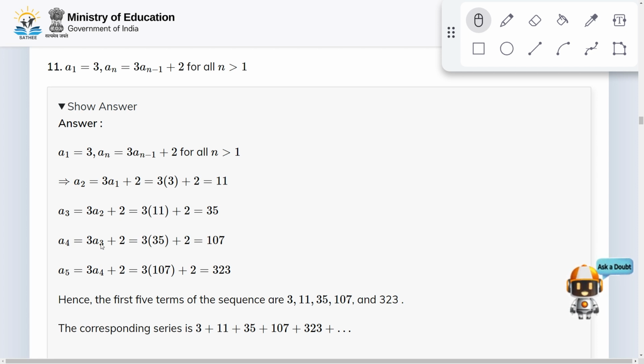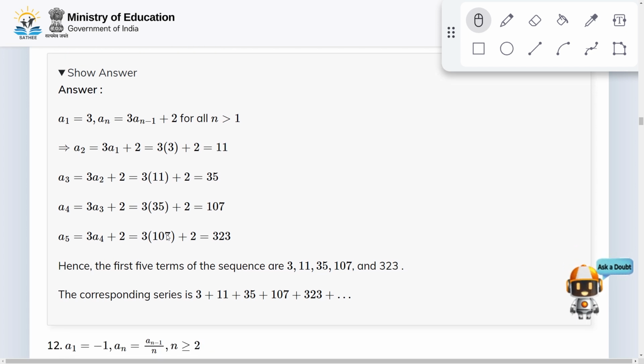A4 will be 3 multiply A3 plus 2. A3 is 35, so 3 multiply 35 will be 105, plus 2 means 107. Now A5 will be 3 multiply A4 plus 2.